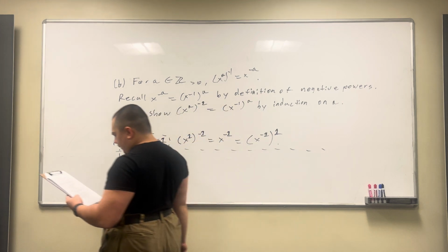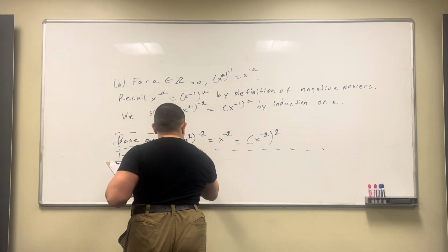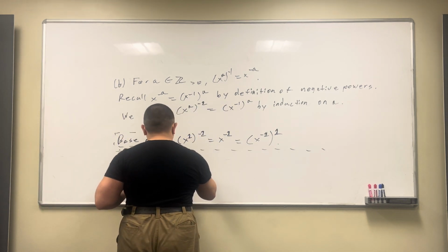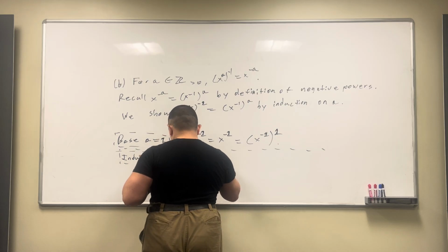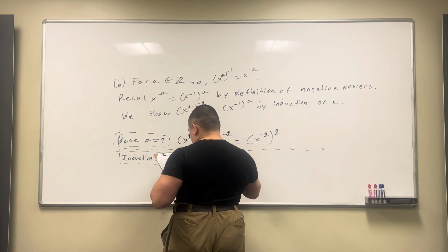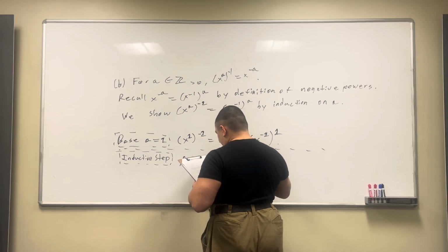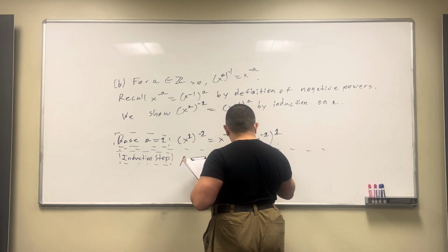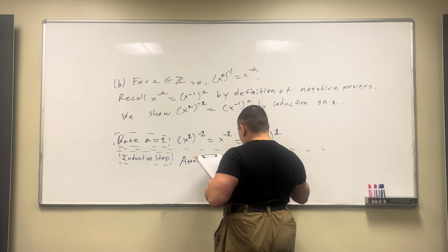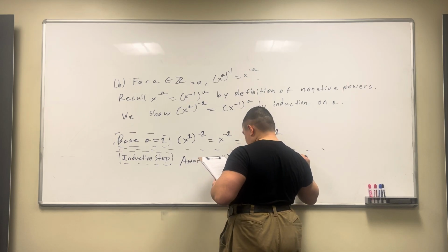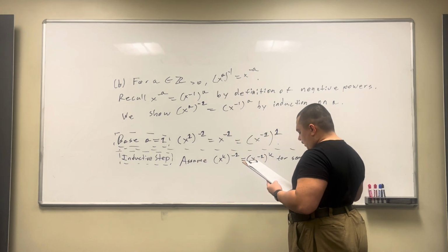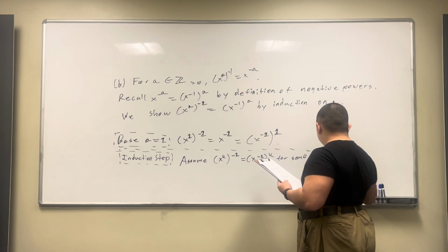So assume, right, so this is the inductive hypothesis, assume (x^k)^(-1) is equal to (x^(-1))^k for some k greater than or equal to 1.